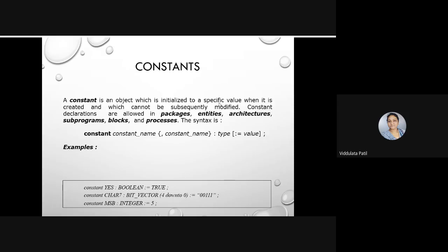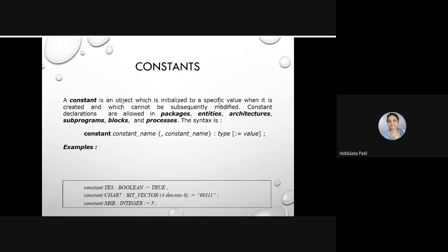So suppose any particular data type has a constant value, in that case we mention the class of that data object as a constant. We can declare it in an entity, in an architecture, or in processes.